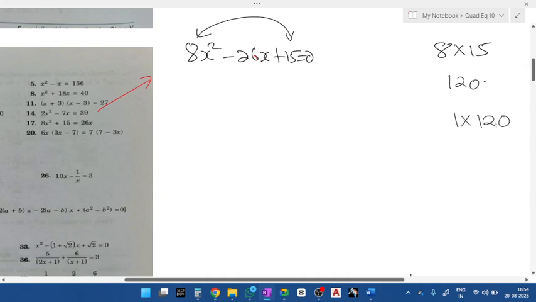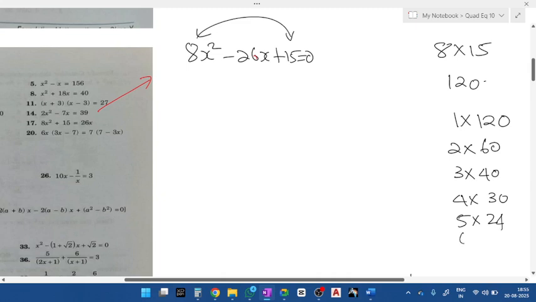Factors. Yes. B equals 1 into 120, 2 into 60, 3 into 40, 4 into 30, 5 into 24.